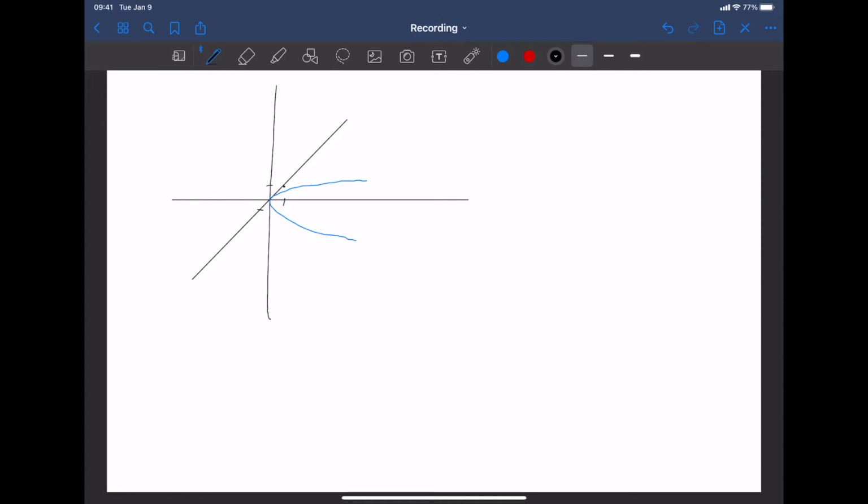Be here-ish. Not the easiest to draw. And then 2, 1, 2, 3, 4. 1, 2, 3, 4, 5, 6, 7, 8. So if I try to draw this point, that'll be my third point along the curve.